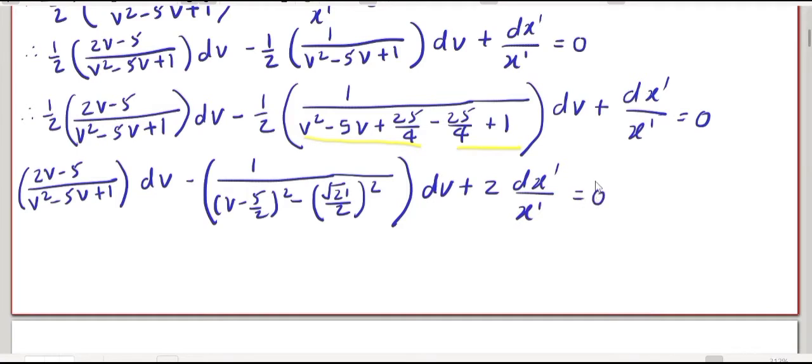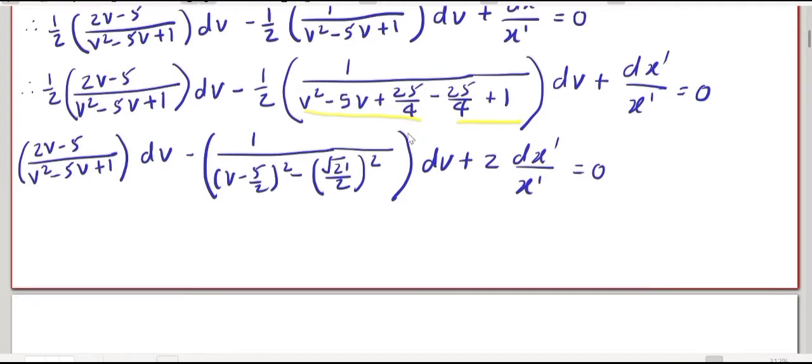So we are doing two things here, multiplying 2 and also simplifying this.